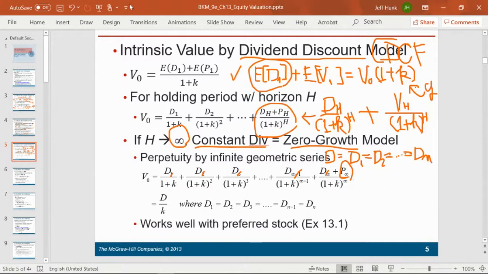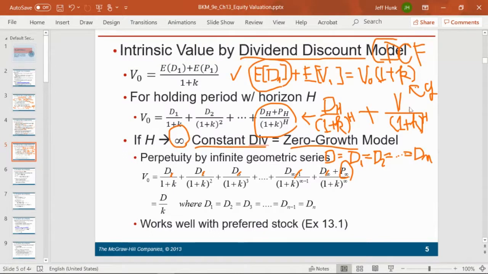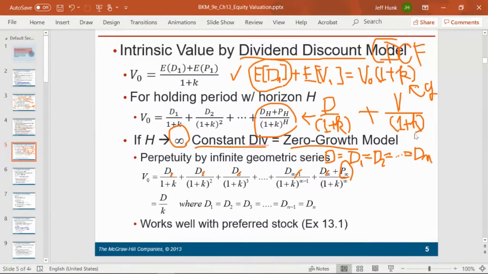Think about the future value at infinity, and the dividend at infinity. We don't need any time subscript because it's always the same thing.